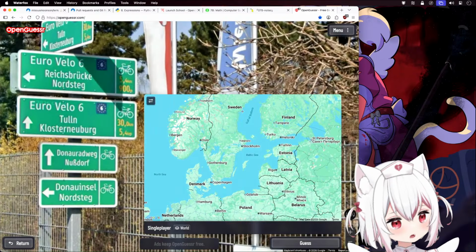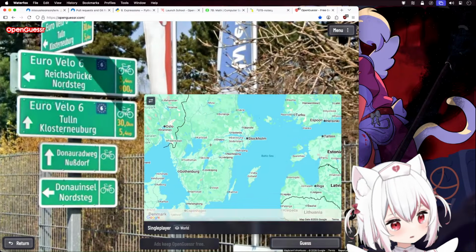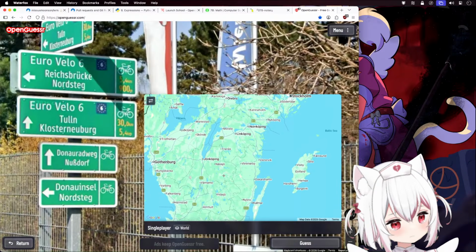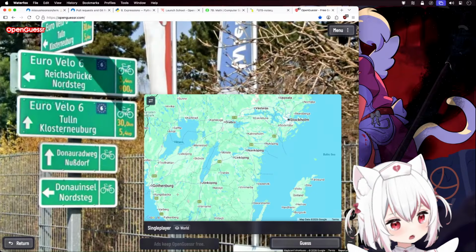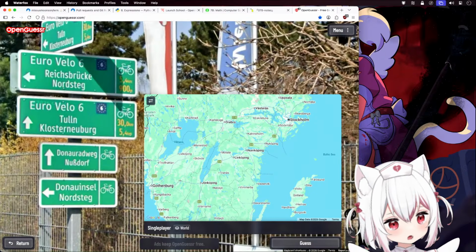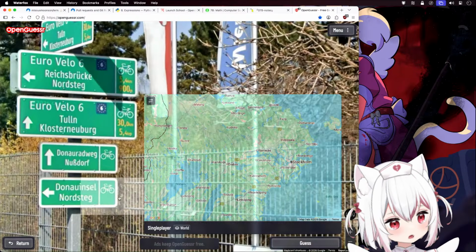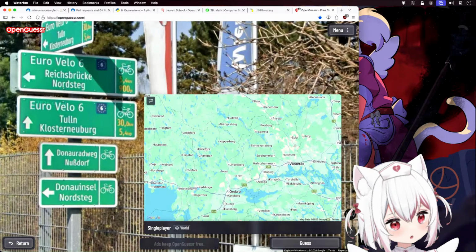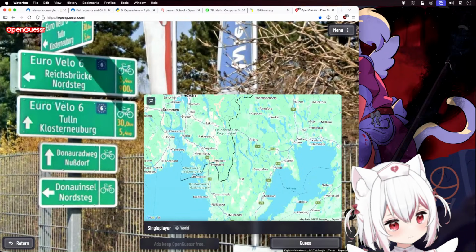Let me just take a look at Sweden. So they have, oh wait, they have this berg. But what about this stog? Stog. Was it? I mean, I think if it was Norway, I would recognize it.